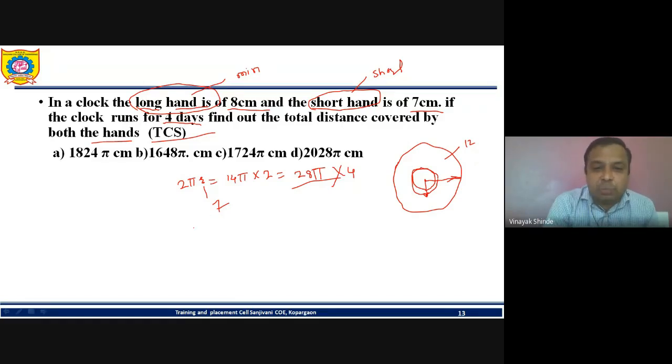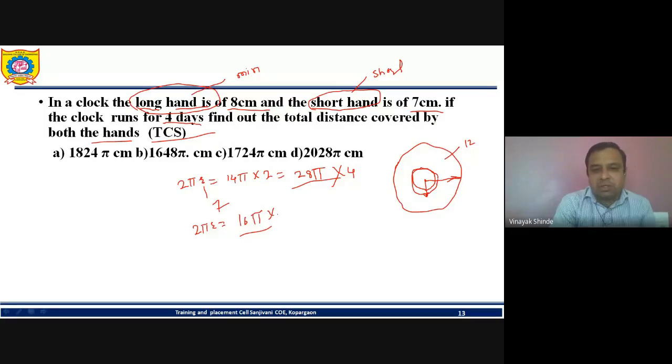Again, the same logic, 2 pi r. What is the value of r? R is equal to 8 centimeter, means 8 into 2, it is 16 pi. Means in 1 hour, we have 16 pi as the rotation.